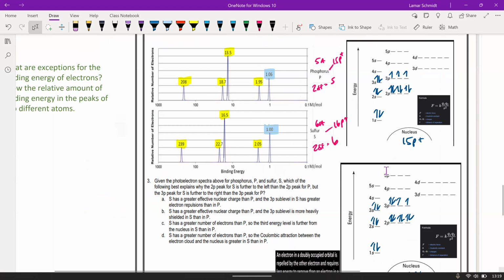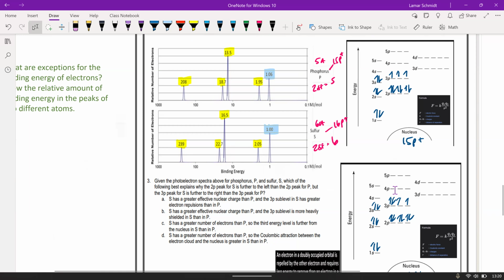Here one of the orbitals is filled and the other one isn't. Anytime we have half-filled orbitals, that is a very stable condition. So there's going to be a greater amount of attraction there, just because it's a little more stable.